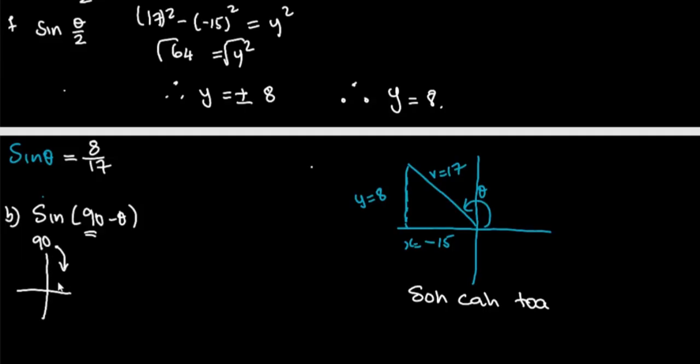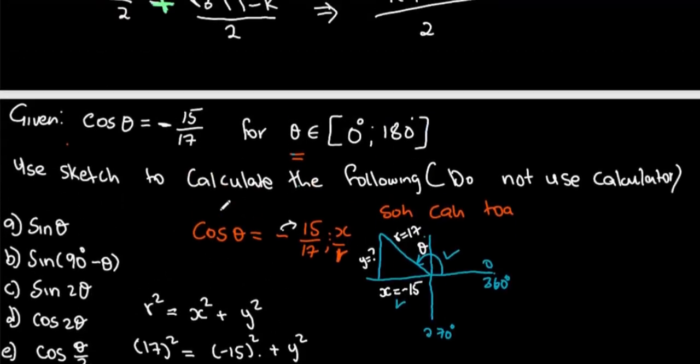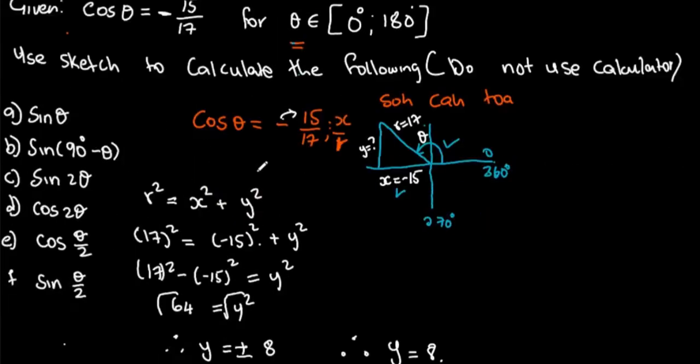How is sine in quadrant 1? Sine is positive. This will change into positive, the cos of theta. And I don't think we need to give ourselves too much stress on cos theta, because remember it was given in the question that the cos of theta is minus 15 over 17. So I'm just going to substitute that.